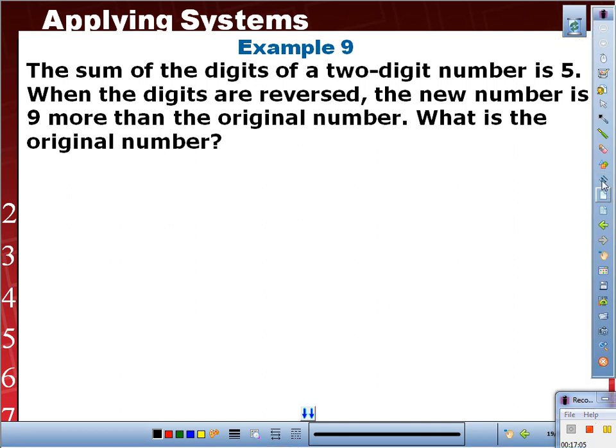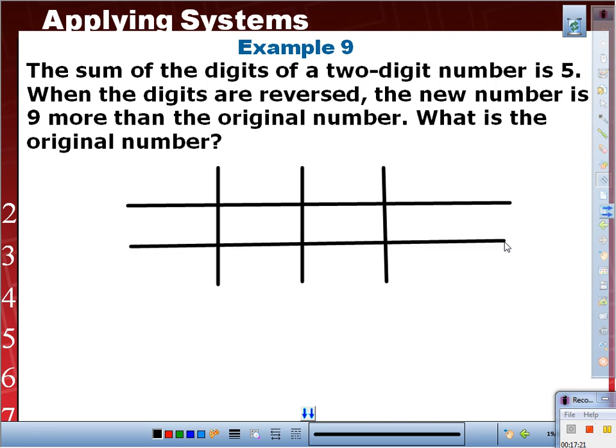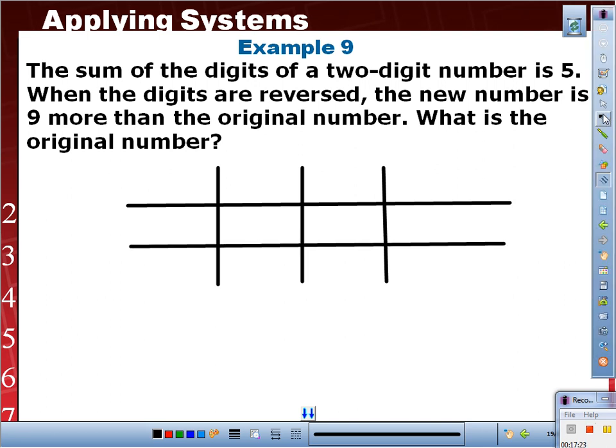All right. Let's see. I gave you a couple minutes. So first things first, 3 lines down and across. You should have labeled this one tens, units, total.